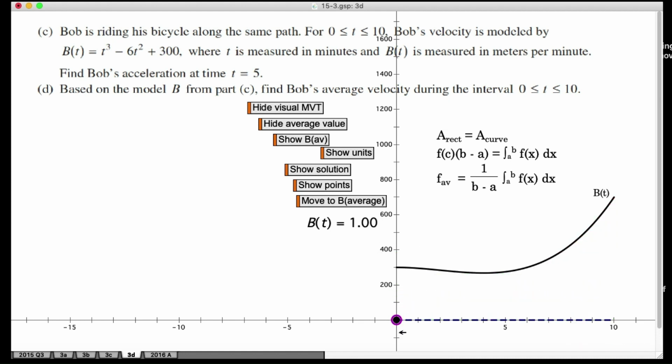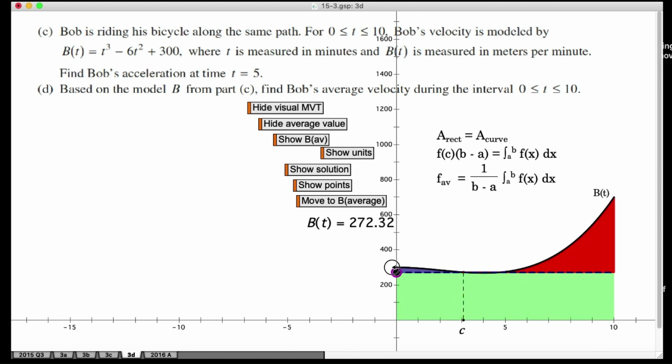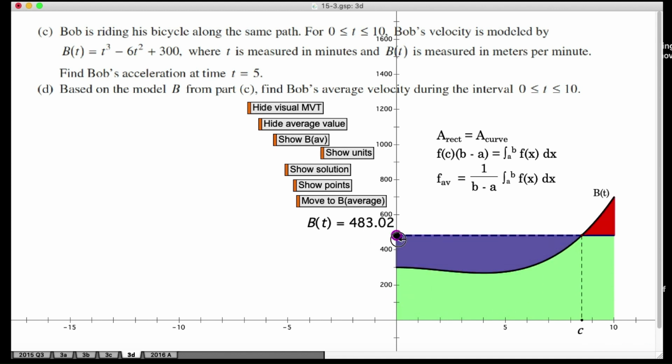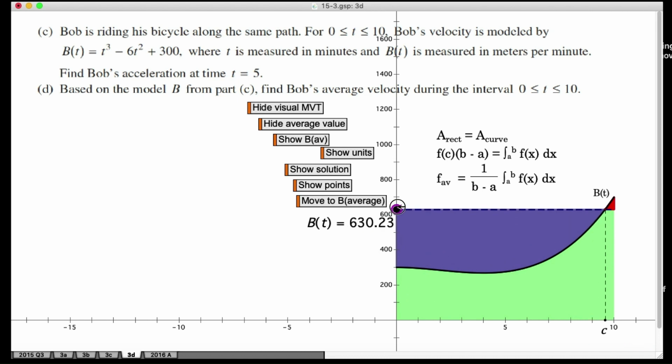So f average is the average height of this function here. In other words, if I want to find the average height of this function, see, this function goes from 350 here, well it goes a little below 350, but it goes up to about 700 or so here. So the average height is going to be somewhere between, say, 300 and 700. It's going to be below this value right here, which is about 260 or something like that, and it's going to be between here and here. That's going to be the average height.